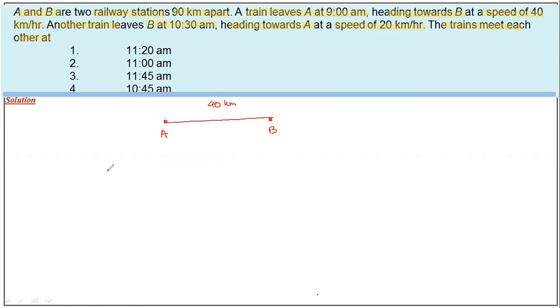Now for the train leaving from A, in 1.5 hours, it has covered a distance of 3 by 2 into 40, that is equal to 60 kilometers.